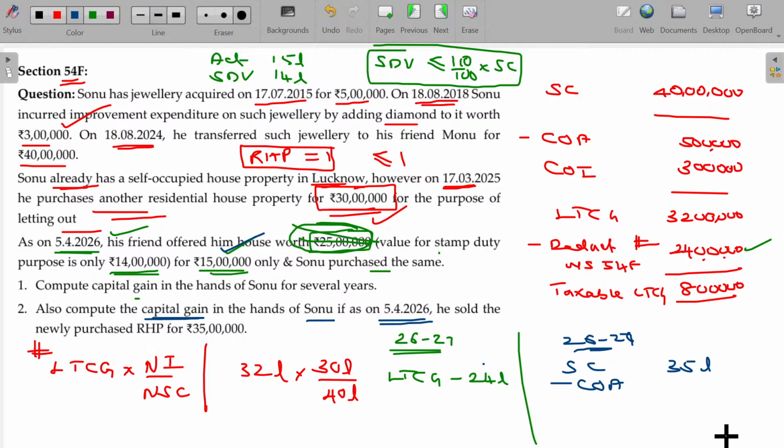Which house he sold? The newly purchased house being 30 lakhs. So 30 lakhs is subtracted. The difference between these two, 5 lakhs, is the capital gain here. Clear?